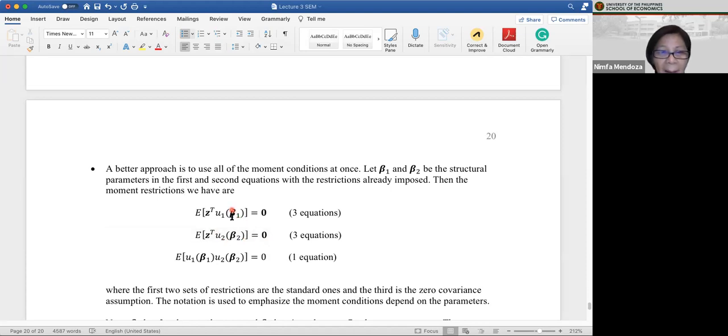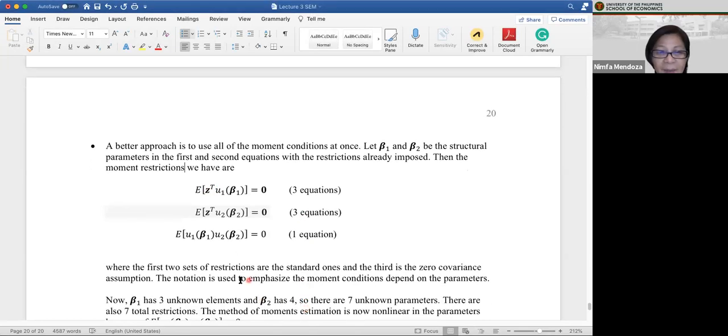Here U sub 1 is a function of beta 1, and U sub 2 is a function of beta 2. The notation is used to emphasize the moment conditions depend on the parameters. The first two sets of restrictions are the standard ones, the orthogonality conditions.